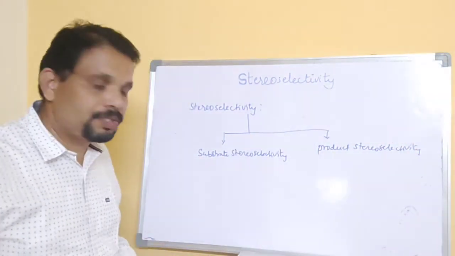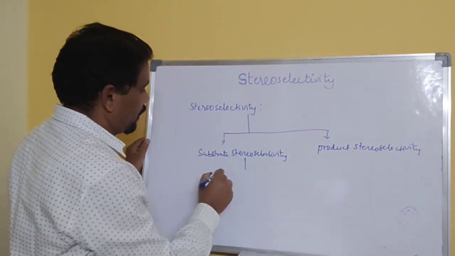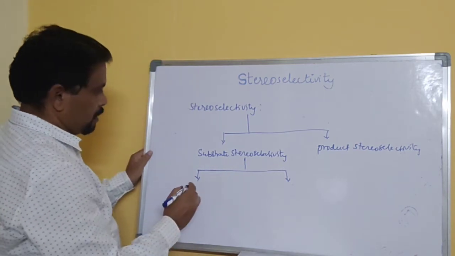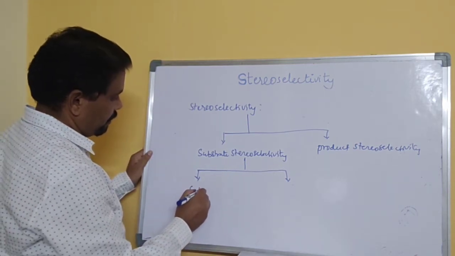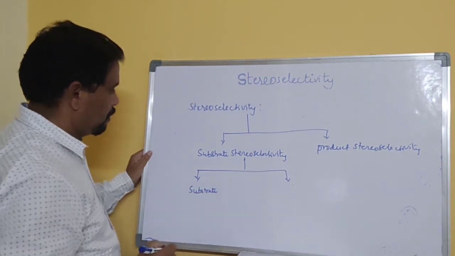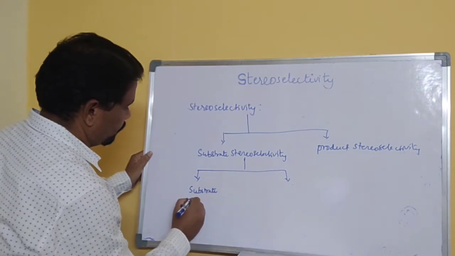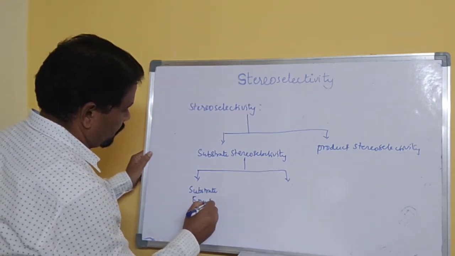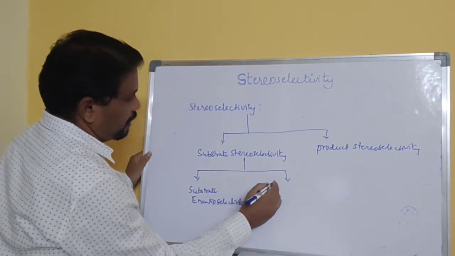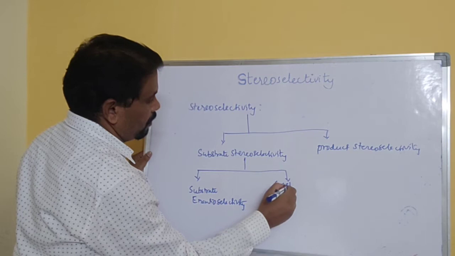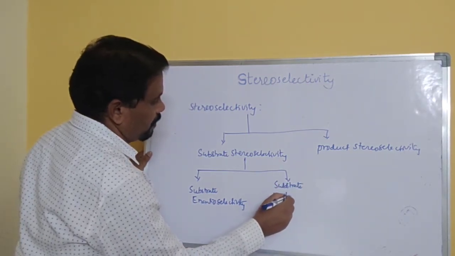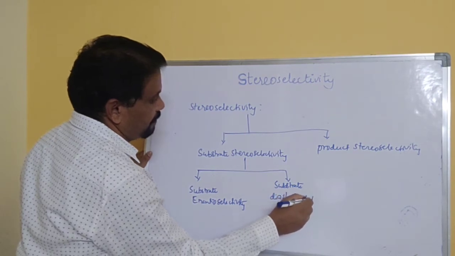Again, substrate stereoselectivity can be classified into two types: substrate enantioselectivity and substrate diastereoselectivity.